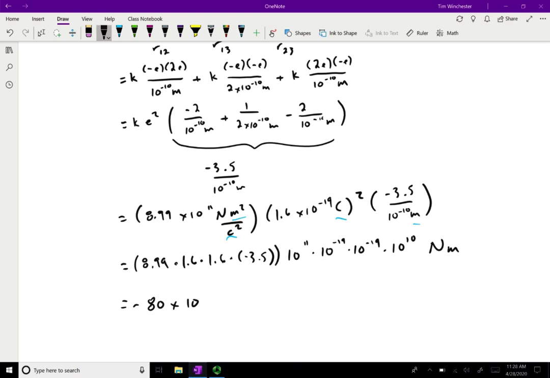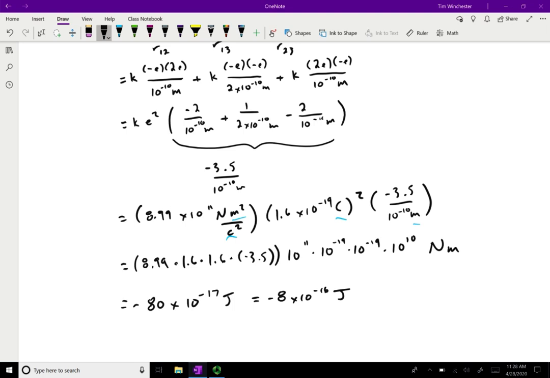So 11 minus 19 plus 10. I could probably do it in my head, but I don't want to make a mistake. So 11 minus 19 plus 10 gives me times 10 to the negative 17 joules. Okay, so I'm going to make this into scientific notation, which means I have to have a number between 1 and 10 for that first part. So this is going to be negative 8 times 10 to the minus 16 joules.